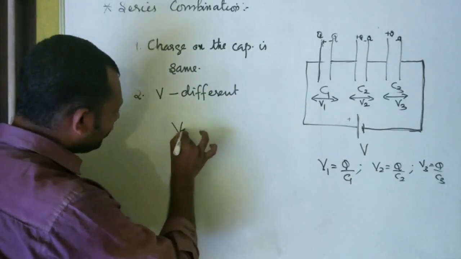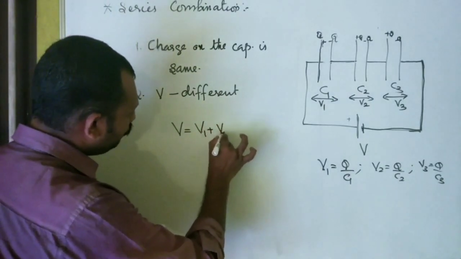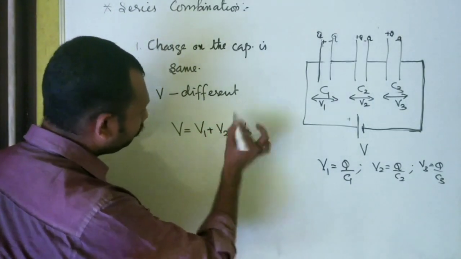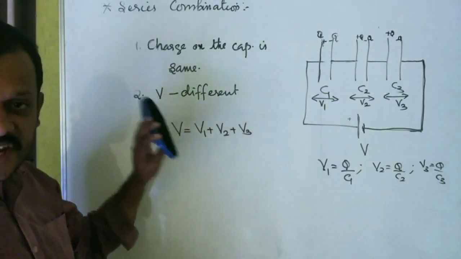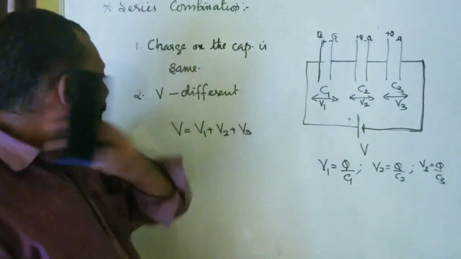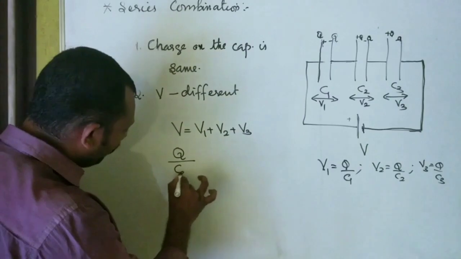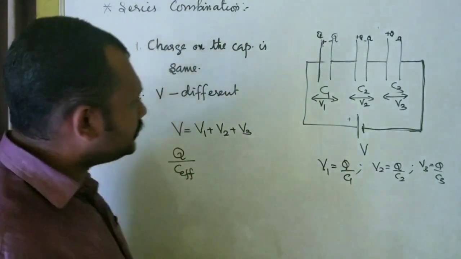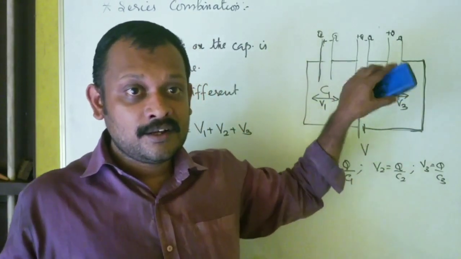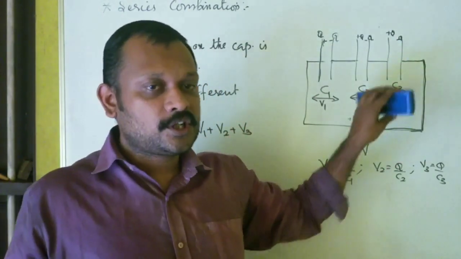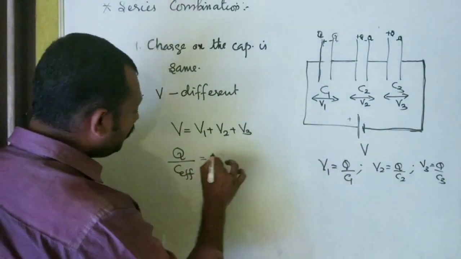Now what I can say is that from the conservation of energy, V is equal to V1 plus V2 plus V3, as I used only 3 capacitors. But what is V? I can say V is equal to Q divided by C effective. What I am doing is replacing the combination with a single capacitor which contains a charge Q. So Q divided by C effective is equal to, what is V1?